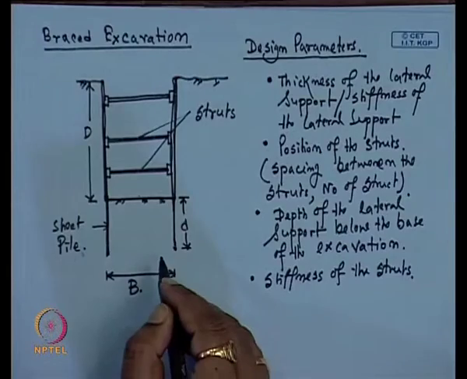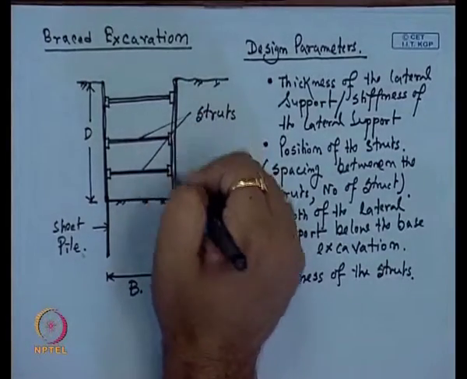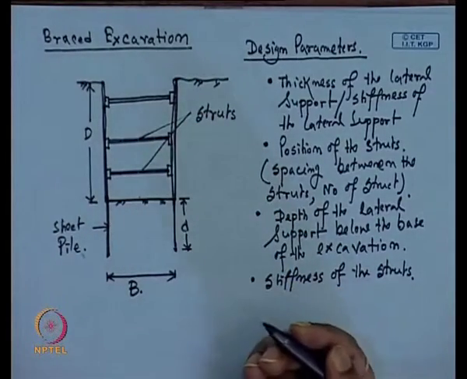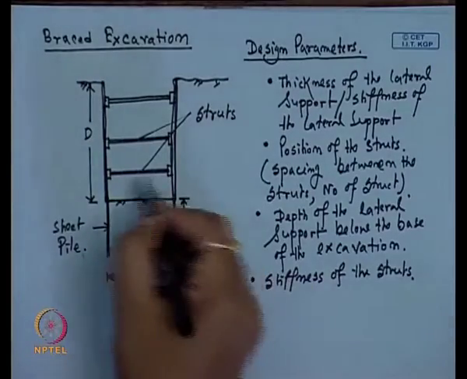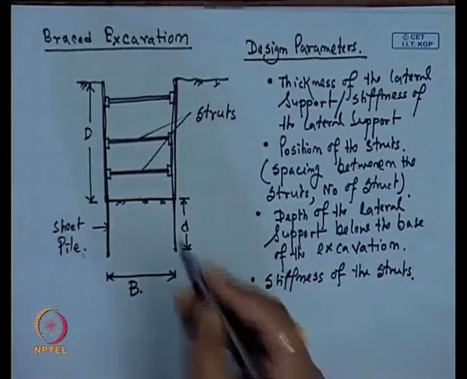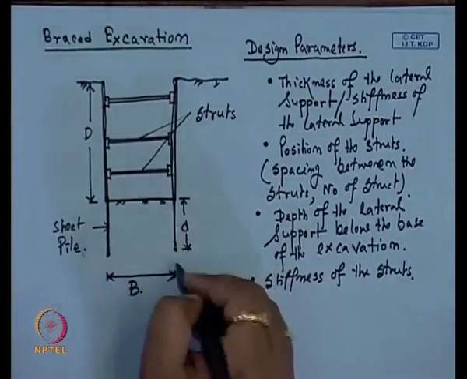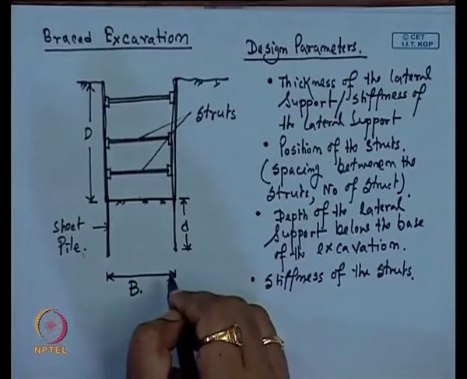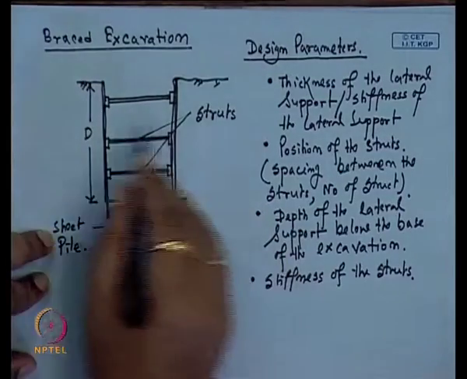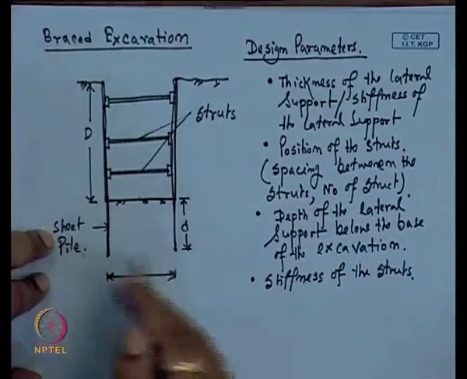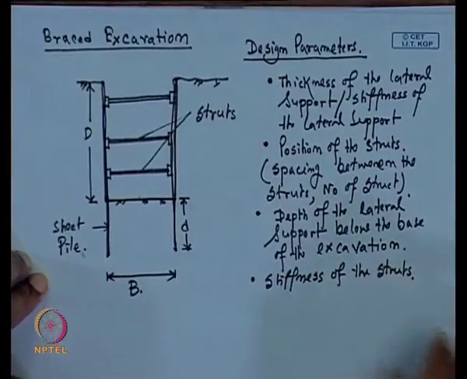Then the next one is the thickness or stiffness of the lateral support, the stiffness of these struts, and the depth of this lateral support below the base of the excavation. These things we have to decide during the design of this excavation.